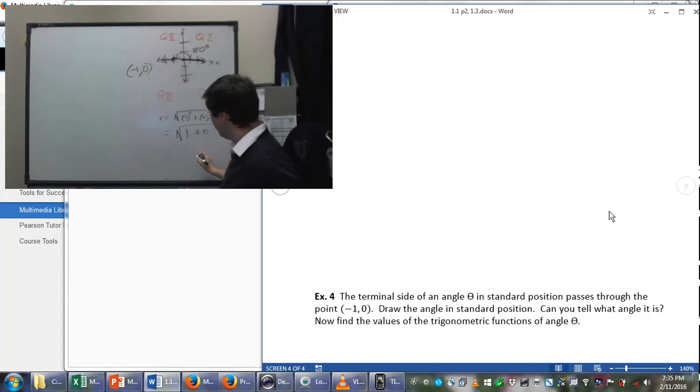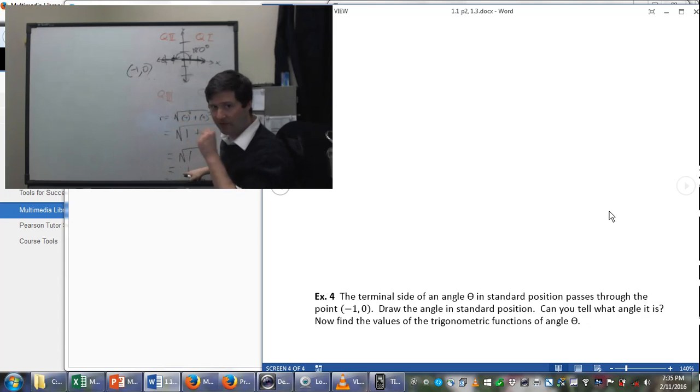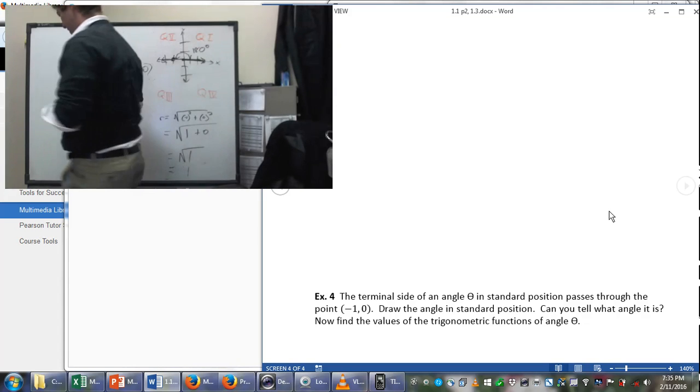Here I've given you this point -1, 0. I say graph that point. So you need to think about this. Where is that point?